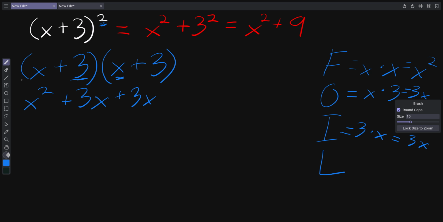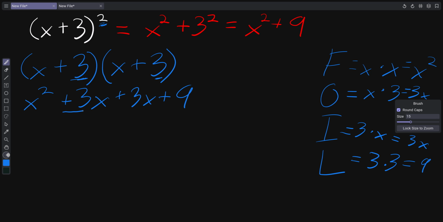And finally, we do what is called the last numbers, which would just be 3 and 3, because these come last in each of the binomials. So 3 times 3 equals 9. And because that's positive, we add that.